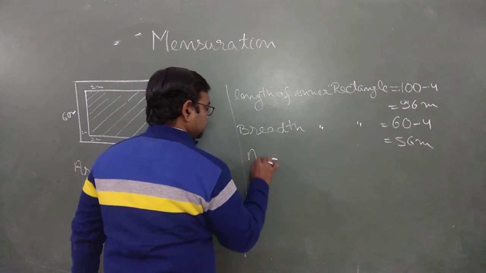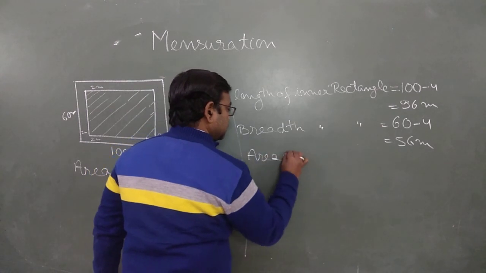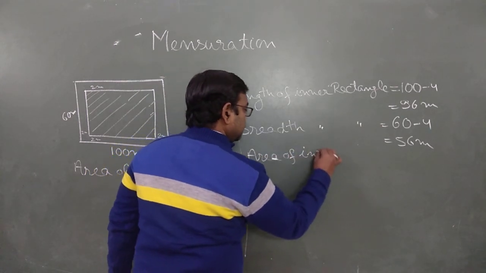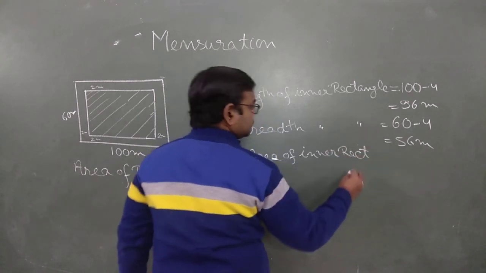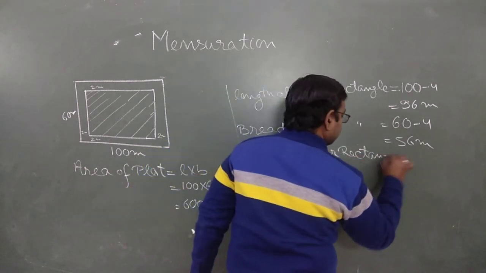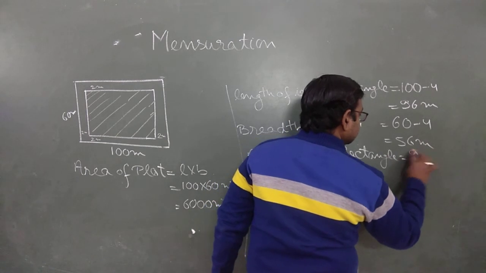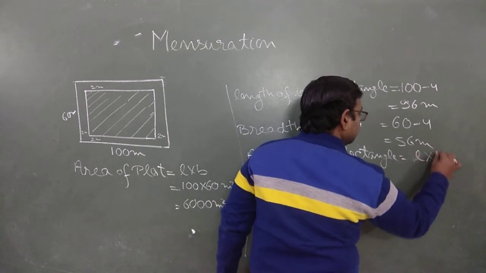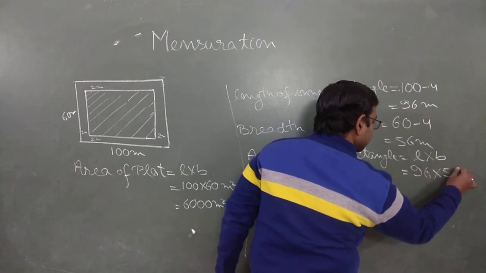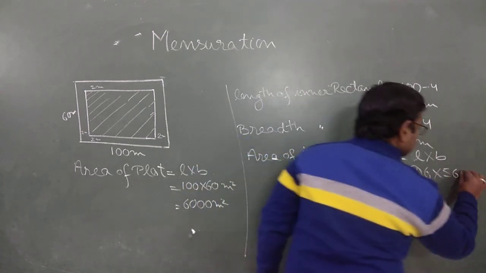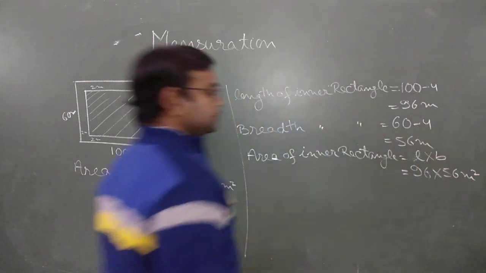Area of inner rectangle equals length into breadth, 96 into 56 meter square. Clear?